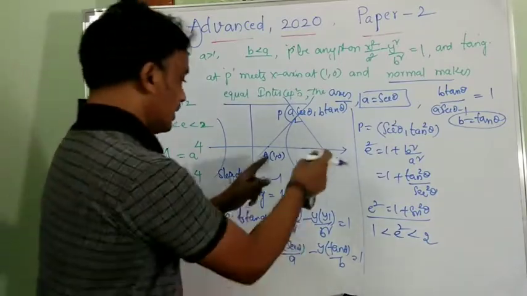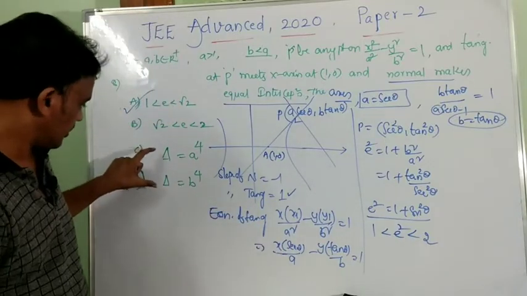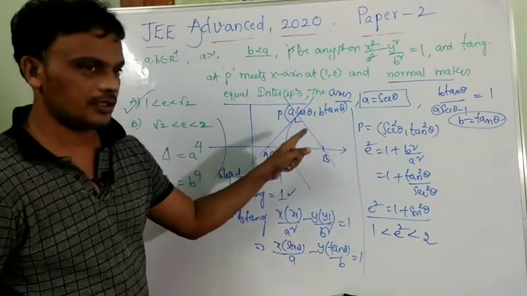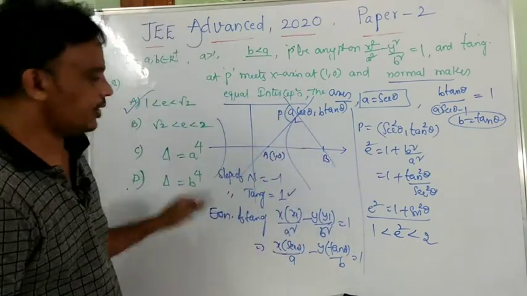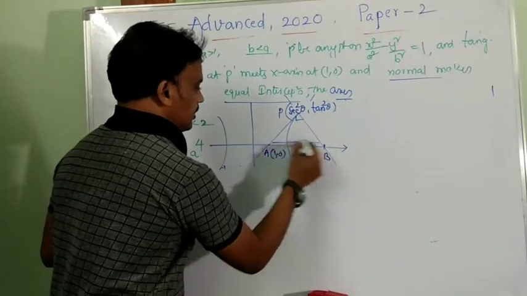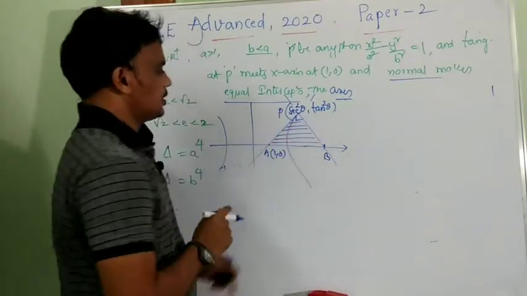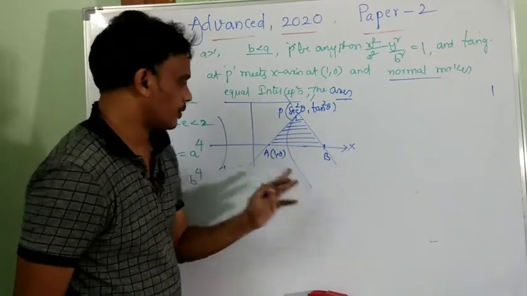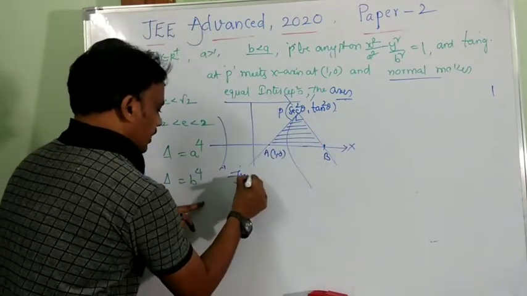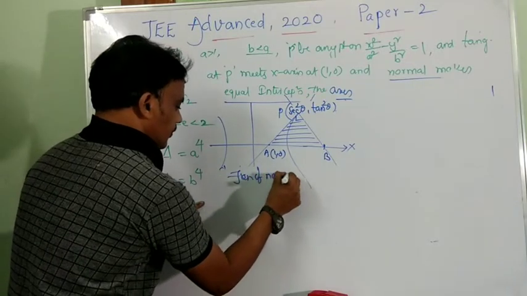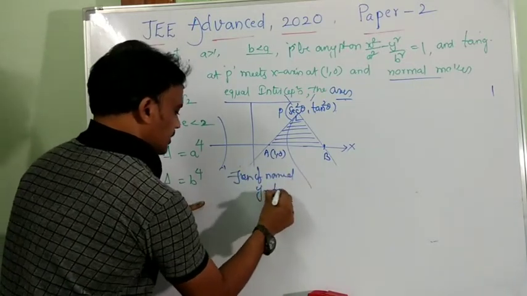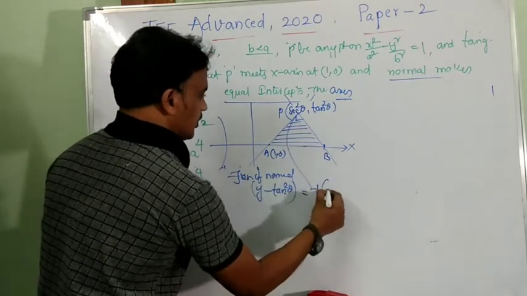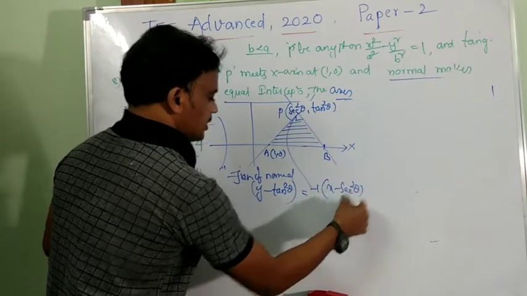Next, for the second option, about the area of the triangle PAB, we should find this. What is the area of the triangle PAB? First of all, where does this normal cut the x-axis? First of all, the equation of normal: y minus tan square theta equals, we already know the slope of the normal is -1, into x minus secant square theta.